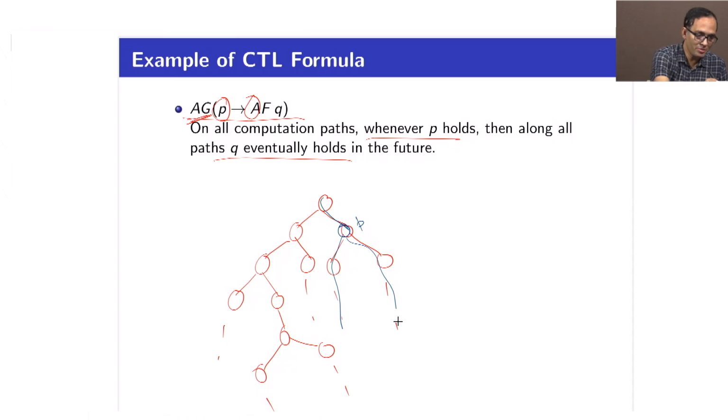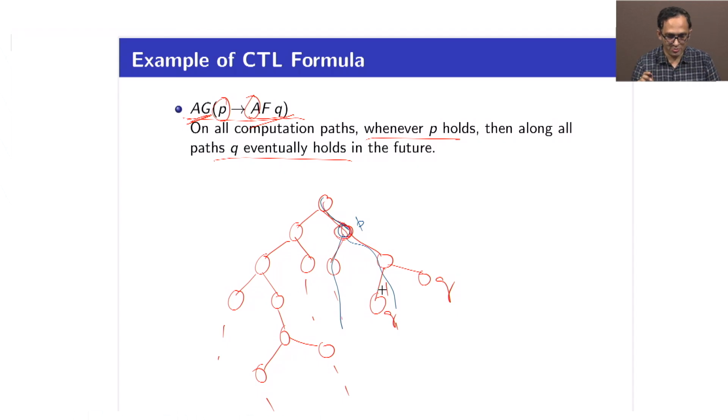Let me make it a little bigger, right. So, let us say I have this. There are two paths here and let us say Q holds here, Q holds here. So, for these scenarios, this holds, right. In this case P holds here, and from there on there are two paths, in both cases, in all paths in future, Q holds.